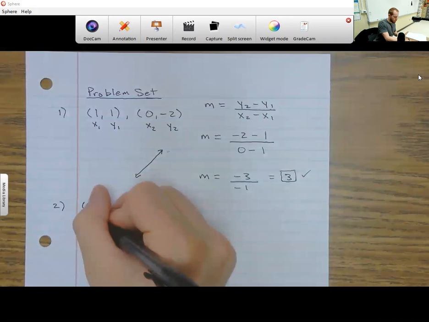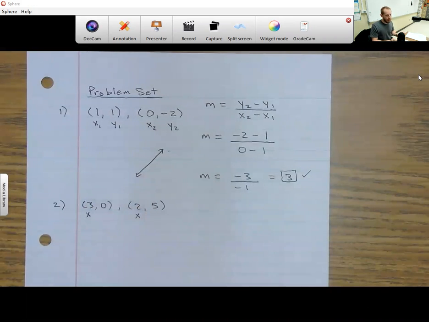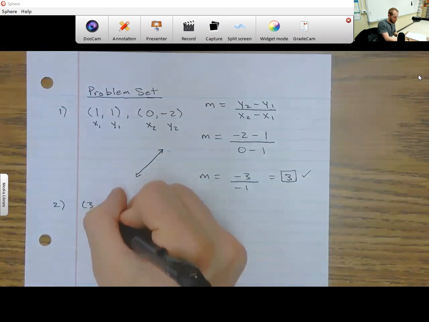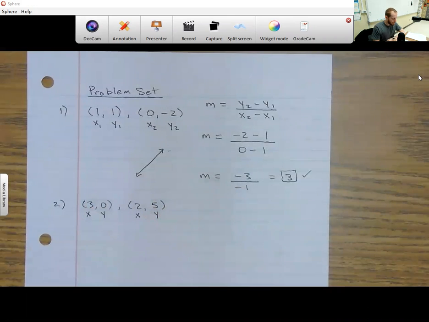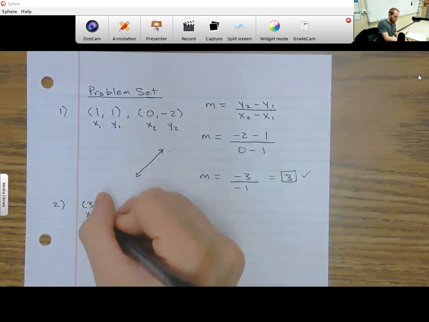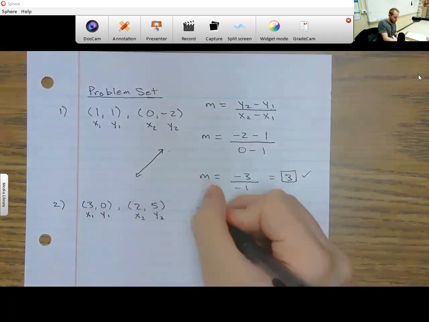So this is an x coordinate, and this is an x coordinate. My y is always going to come second. So my y is going to be right here and here. And then the last thing I'm going to do is I'm going to label my numbers. So this is x1, y1. This is x2, y2. Okay.